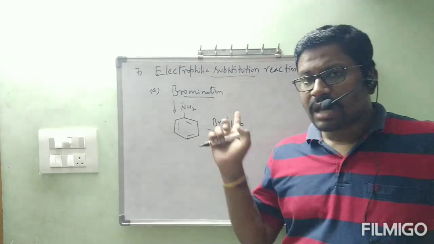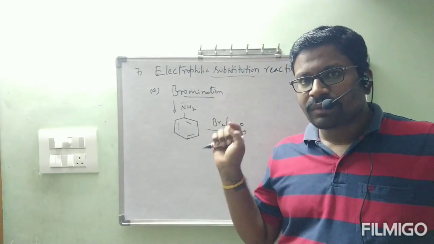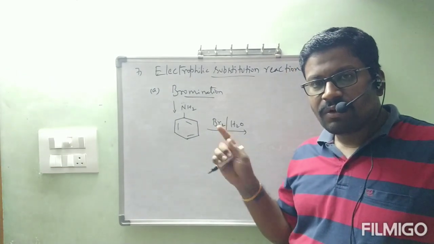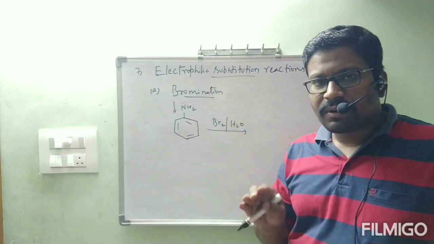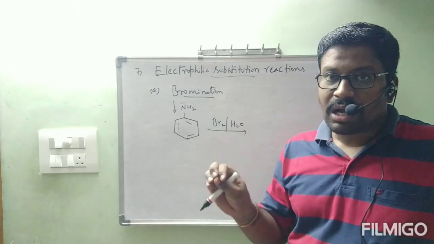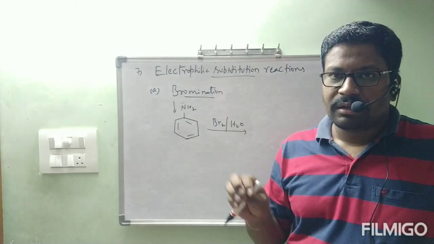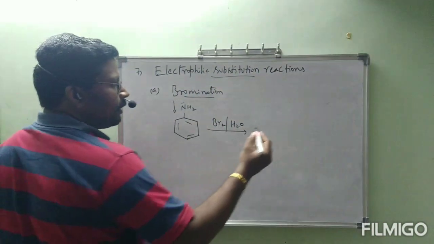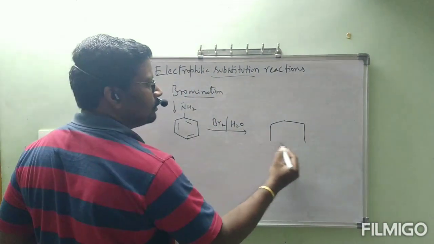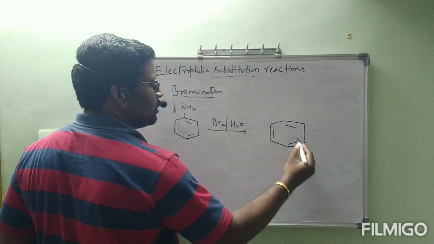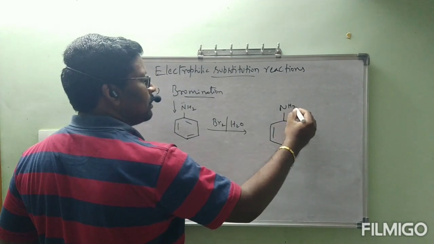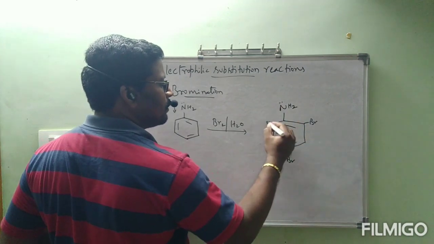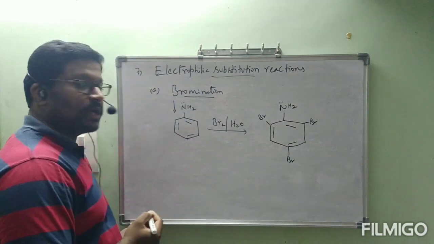Now coming to this one, electron donating, but it is highly active. So directly if you take aniline and react with Br2 and H2O, we will not get a single ortho product or a single para product. All ortho and para positions are getting attacked by the Br+. Then we will get the product, this is the product we are going to get.